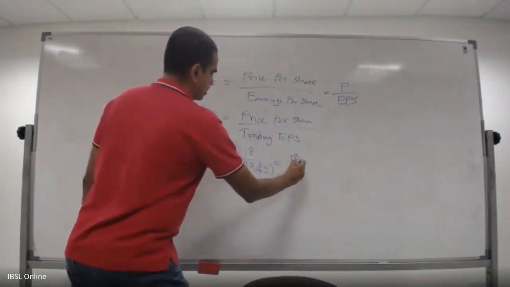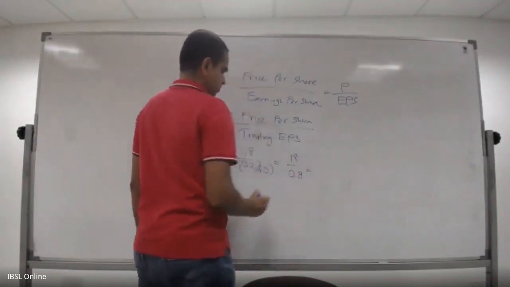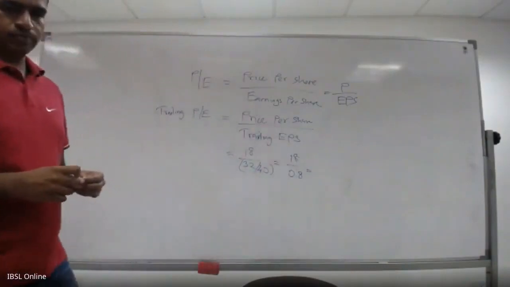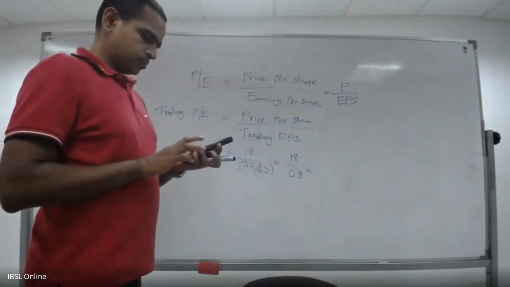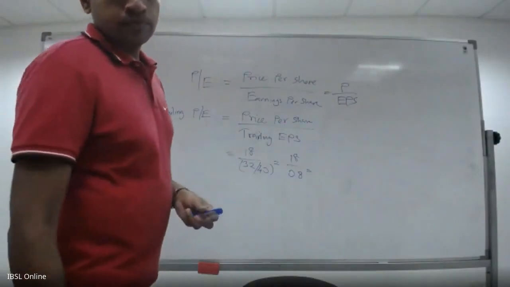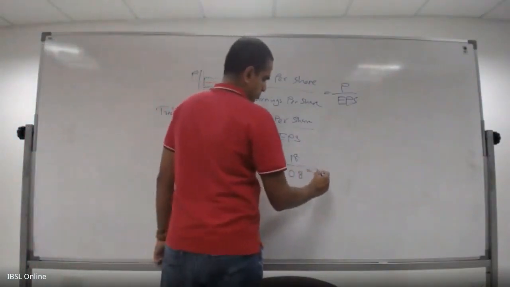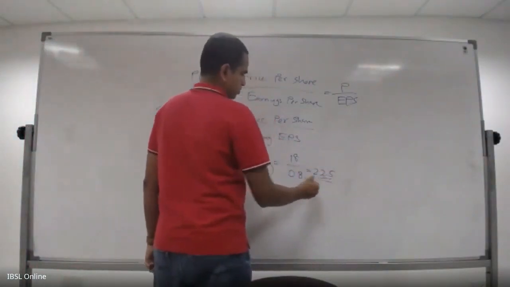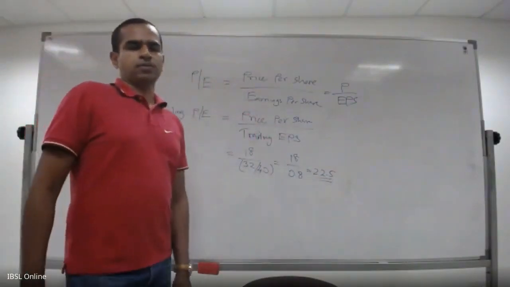So you get 18 over 0.8. You get a trailing PE of 22.5.